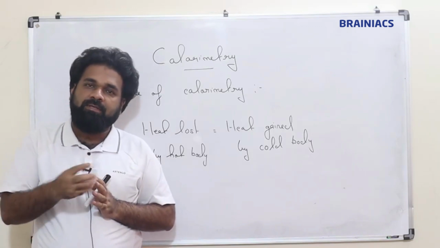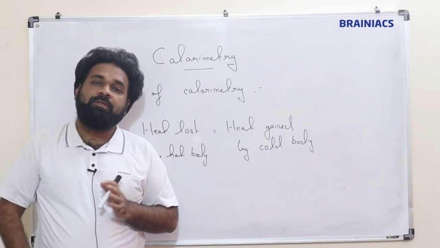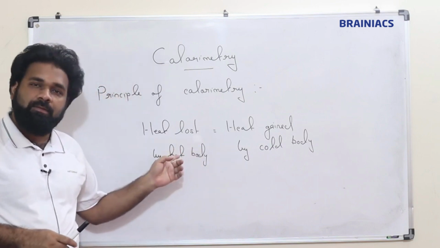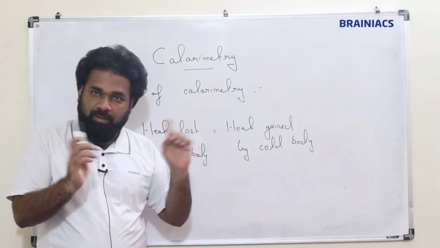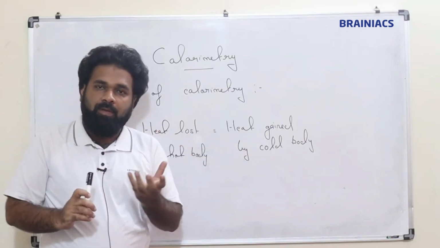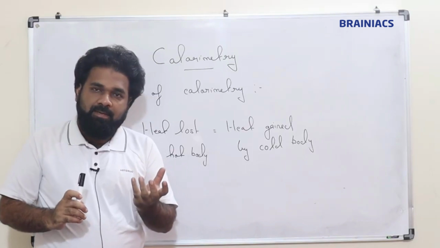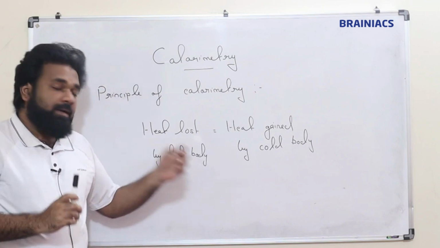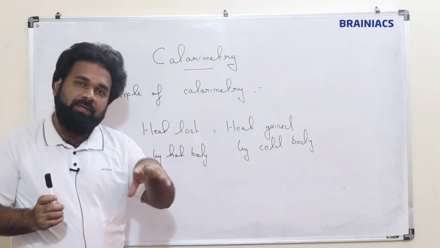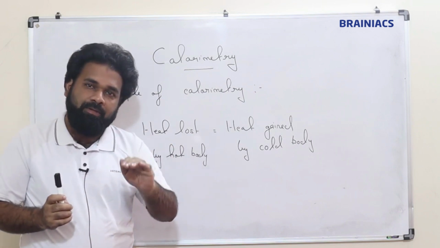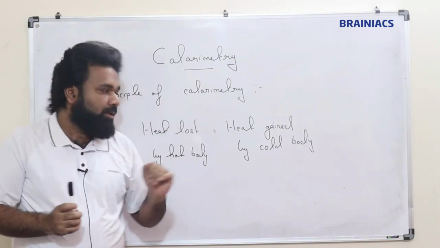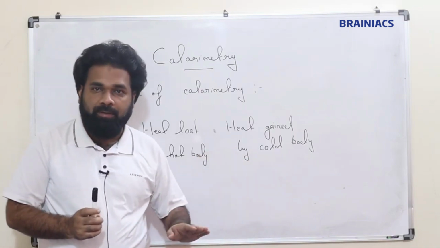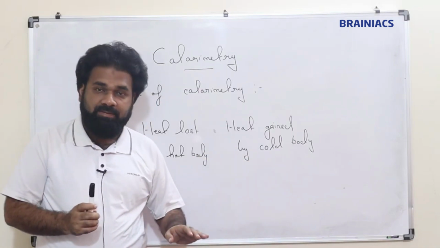So in the first case, with hot tea, the temperature is higher in the tea, so heat is lost by the tea and gained by the surroundings. When we keep a cup of ice, the temperature of the ice is lower, so the surroundings will give heat to the ice and the temperature of the ice will increase. So heat lost by the surroundings is gained by what? The ice.